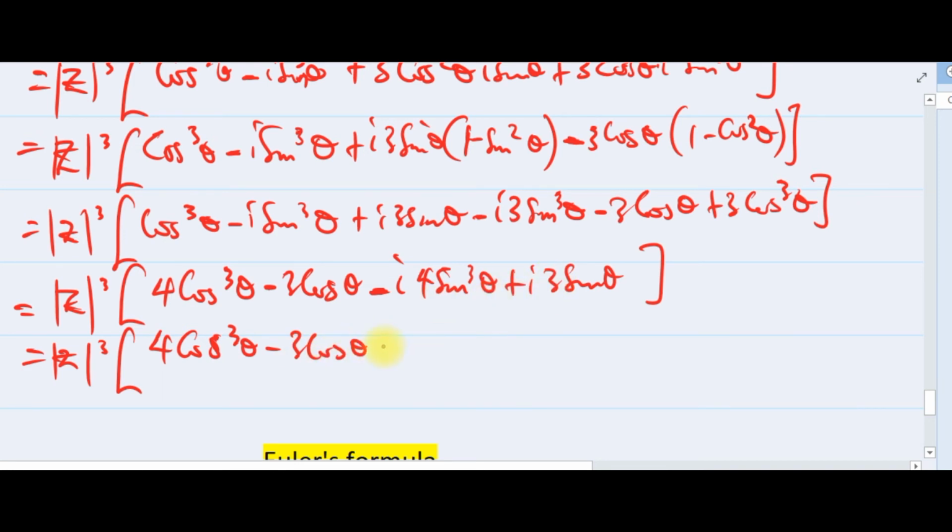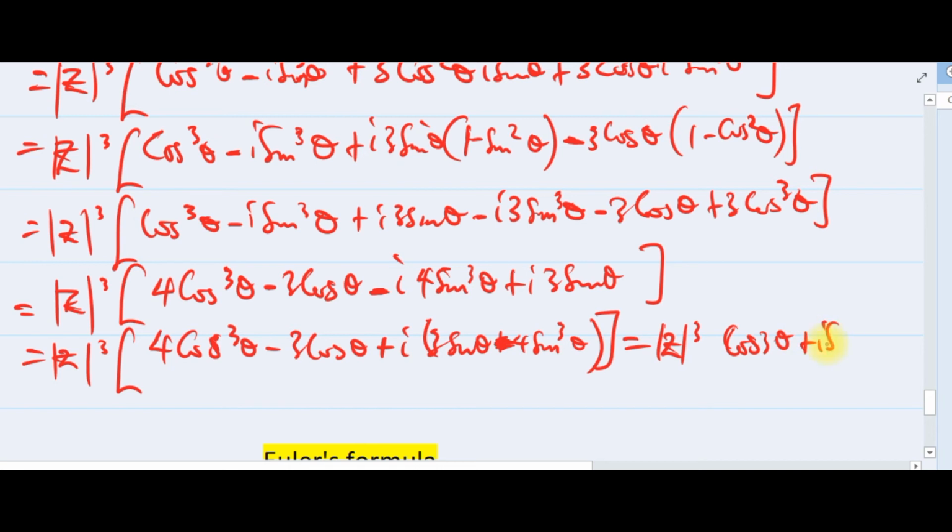We can bring out our i. Now this is 3 sine theta minus 4 sine cube theta. Sorry. From this, if you could remember our trigonometry, this is now cos 3 theta plus i sine 3 theta.